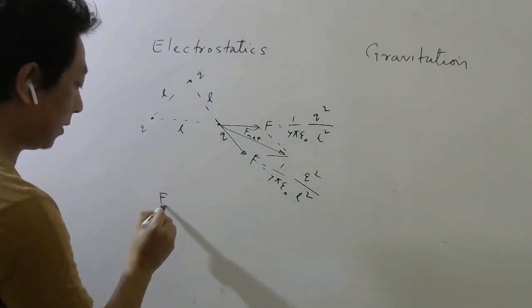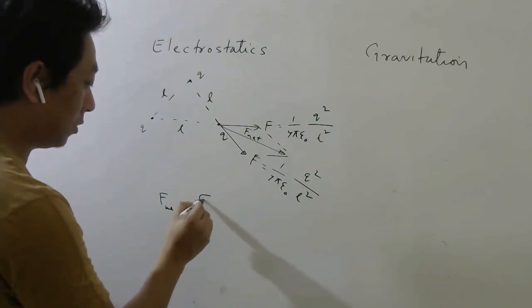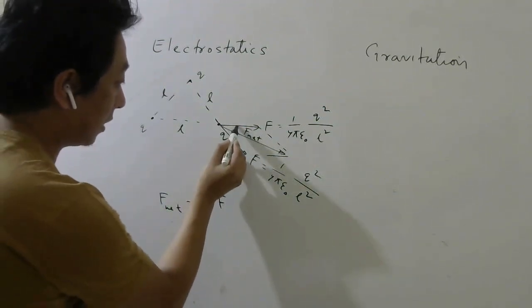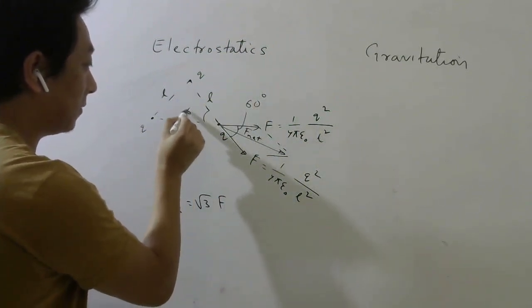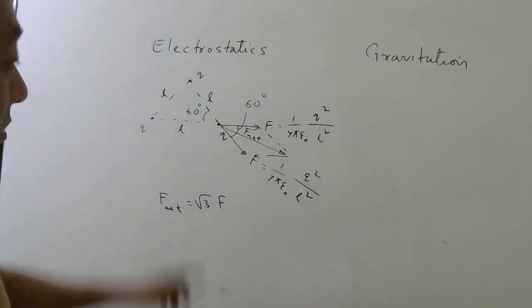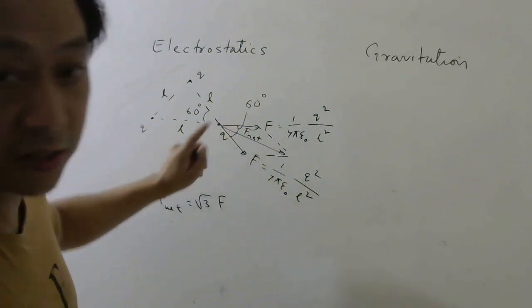And the net force will be how much? Root 3 F. Why root 3? Because this angle is how much? 60 degrees, same as this angle. So if this is 60 degrees, this is also 60 degrees.